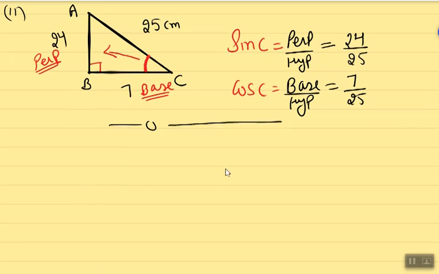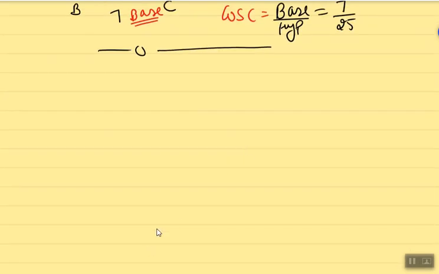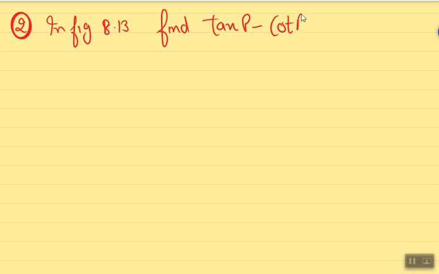Now let me start with the second question. Let me write the statement in figure 8.13. Find tan P minus cot R. I will draw the diagram now.